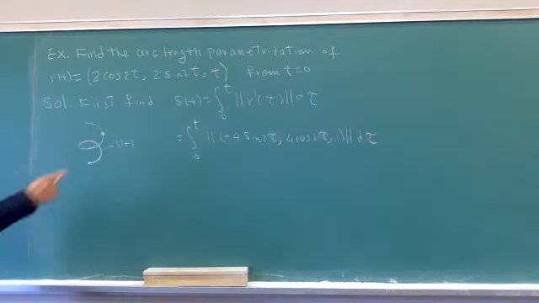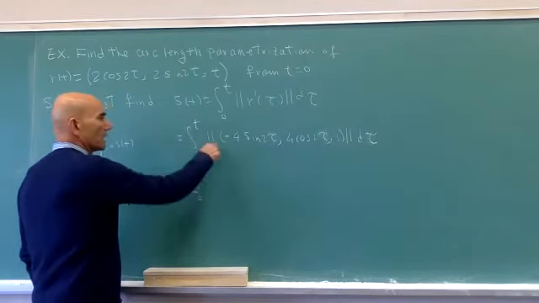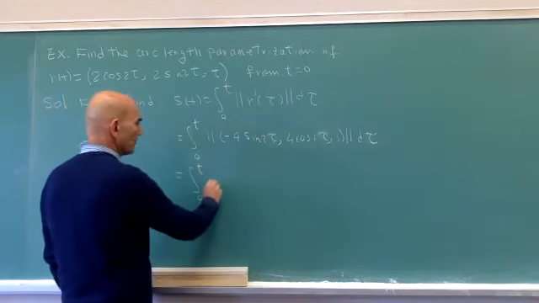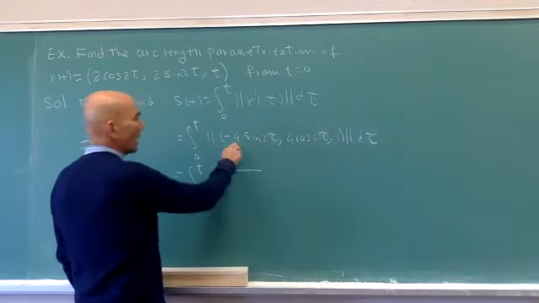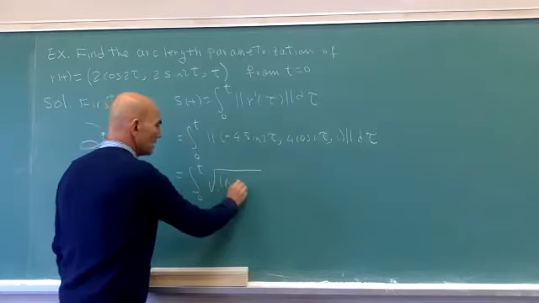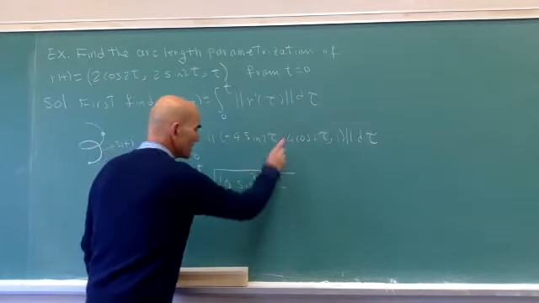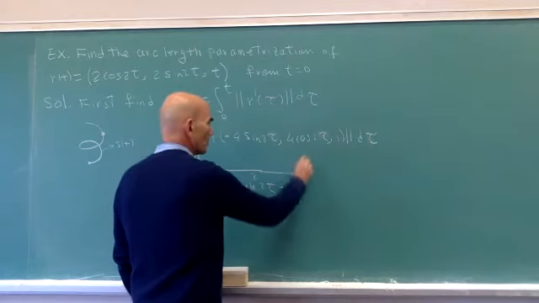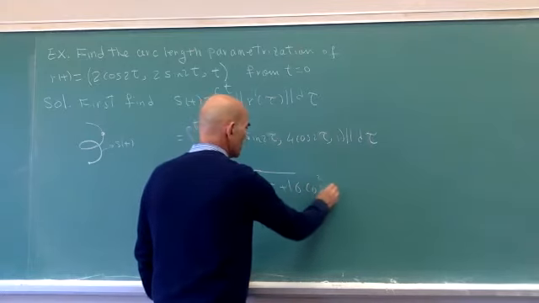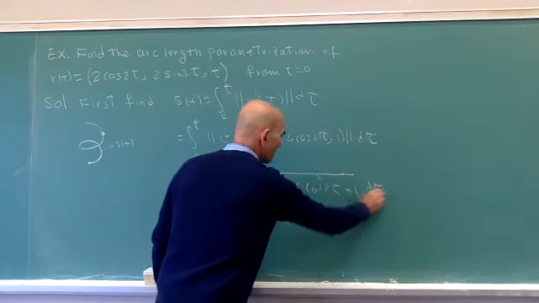Okay, so let's compute that. That's equal to the integral from 0 to t. Now this norm is the square root of 16 sine squared of 2 tau plus 16 cosine squared of 2 tau plus 1, d tau.